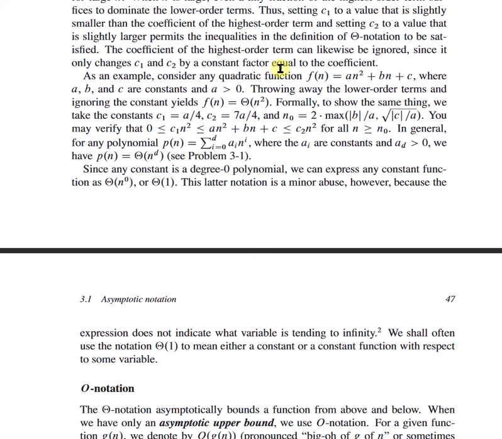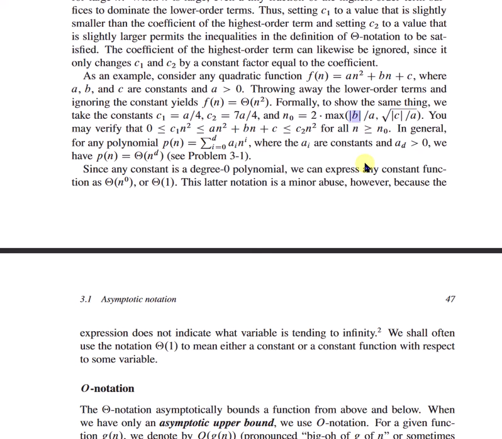Formally, to show the same thing, we take the constant c1 equal to a by 4, c2 equal to 7a by 4, and n naught equal to 2 times max of b, that is, ignoring the sign basically, max of b by a and root of c by a.